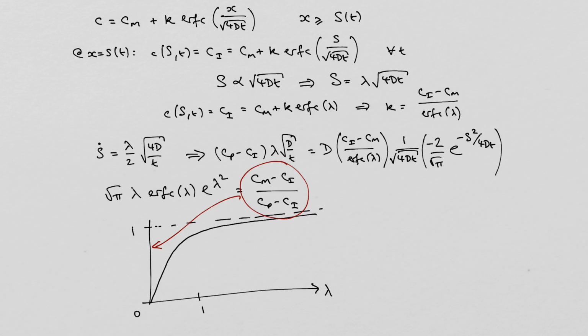That will be true if CP is greater than CM. Is that obvious? If CP is bigger than CM, then the denominator is bigger than the numerator, so it'll be between 0 and 1. That was what we started out with by assuming that the precipitate was rich in B atoms, meaning that its concentration was higher than the surrounding matrix.